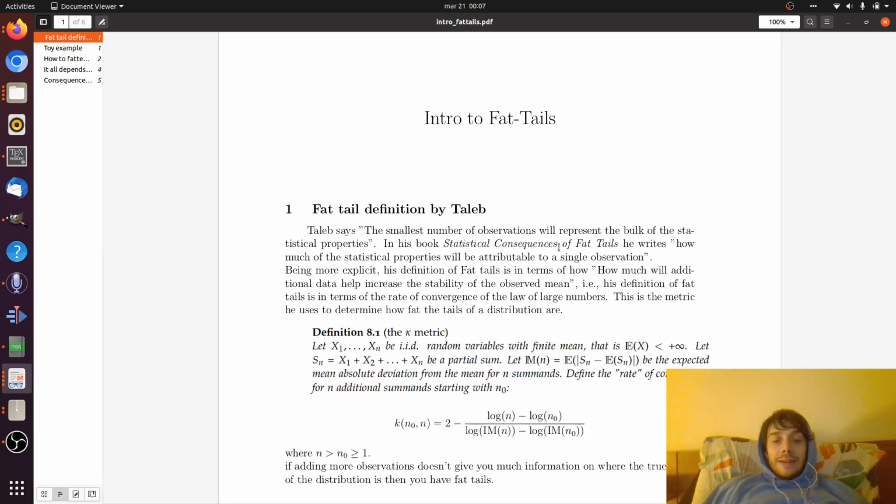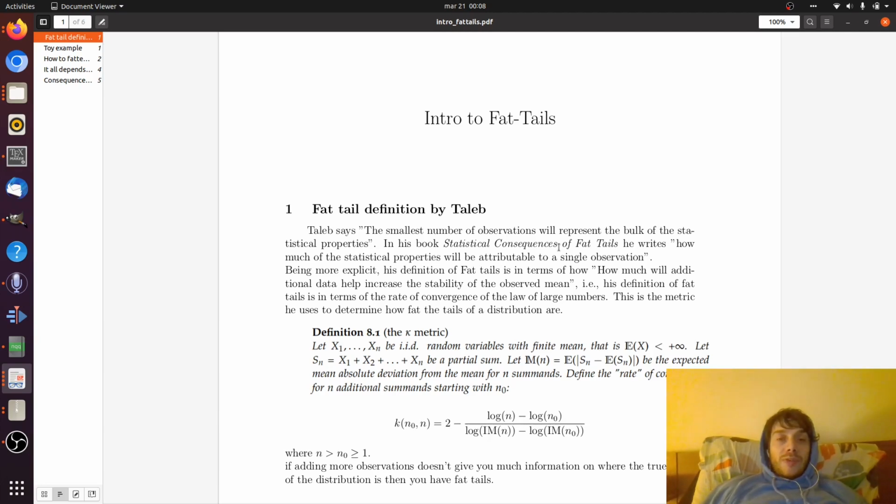And how come you can think about defining fat tails through the rate of convergence of the law of large numbers? Well, an intuitive reason why this makes sense is that the speed of convergence of the law of large numbers does depend on the variance of the distribution through which you're sampling your observations x1, xn.